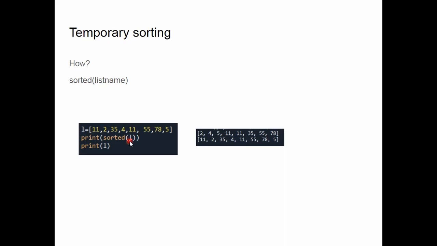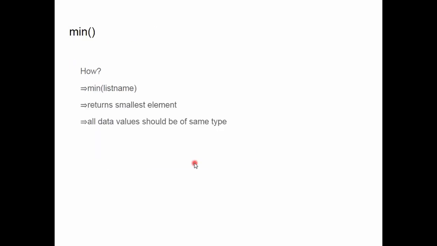So it will temporarily sort the content. Because of this print statement, I can see this sorted list, and after that it is not going to modify your original list. So if we print your original list, we will get the original content of your list.